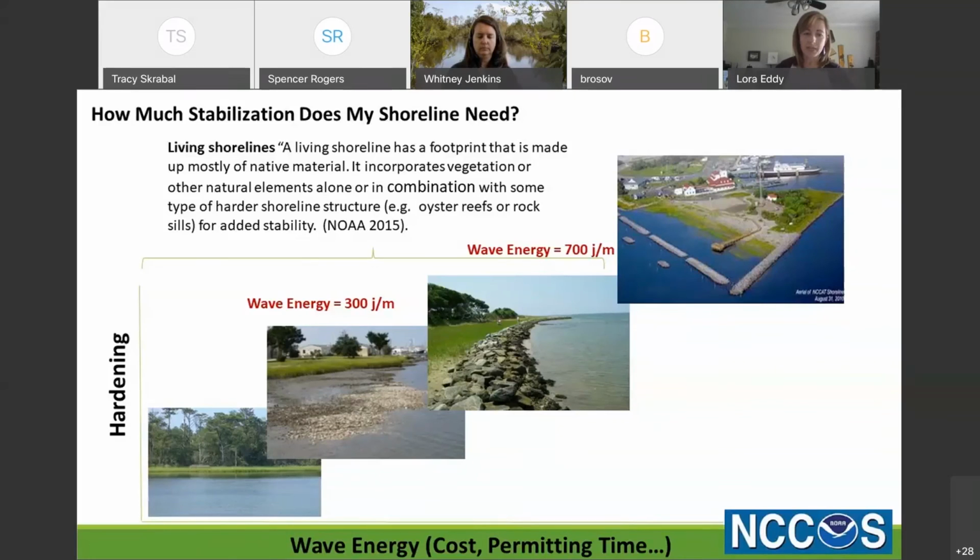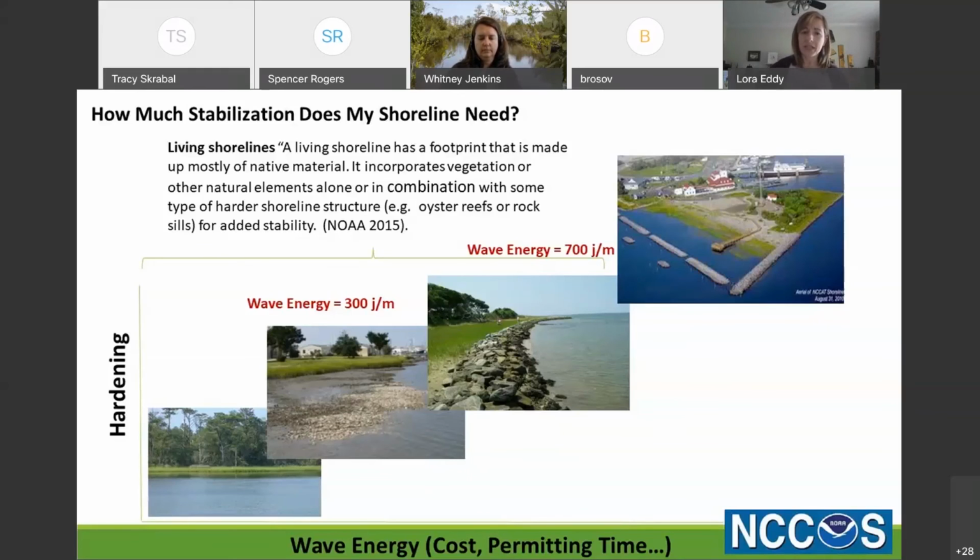What we're representing here in that lower left-hand corner is that in very low energy areas, natural features are going to be successful and will work. But as wave energy increases, more and more structure is going to be needed. And as we move from that left corner to the right side, we're going to need more and more structure, and it's going to cost us more time and permitting.